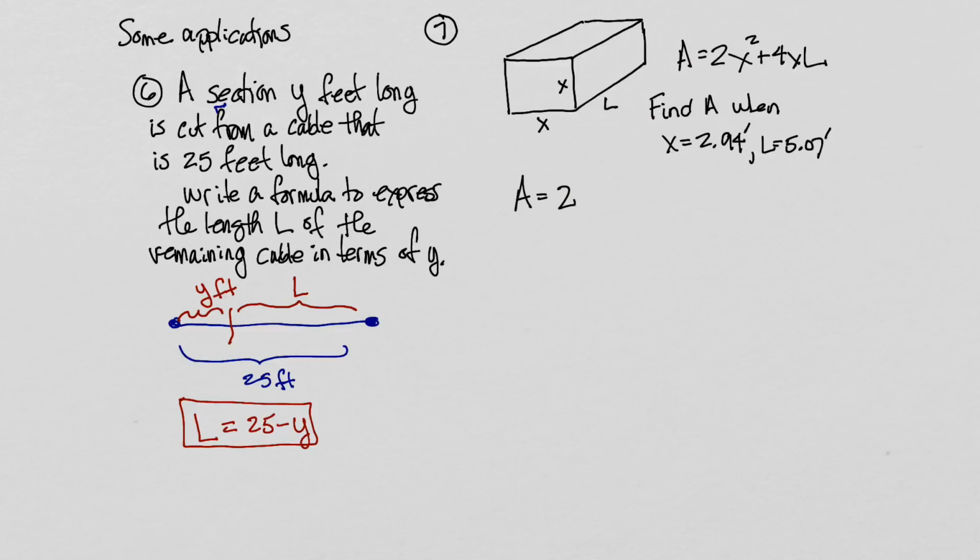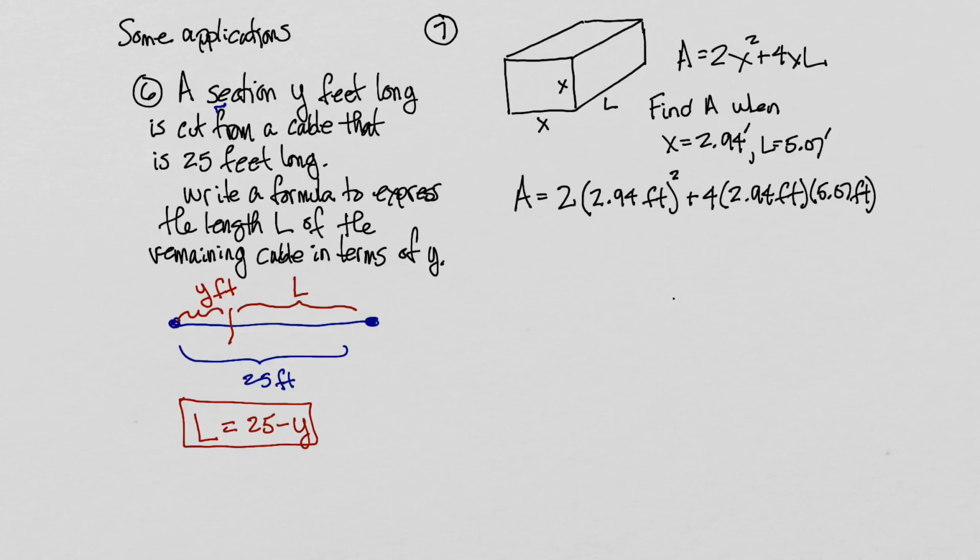There's the 2, and now the x, I'll write a parentheses to denote that multiplication, is 2.94 feet. And then we're going to square that, plus 4 times 2.94 feet, times L, which is 5.07 feet.